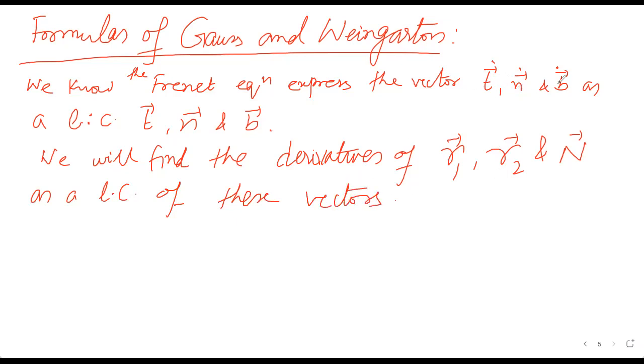Just like you had t dot, n dot, b dot here, for the surface, you have R1, R2, and N. Three important vectors you have. So, what is the relation in the derivatives of these three? This thing we will find here, and these formulas will be called Gauss formula and Van-Galton formula for the surface.